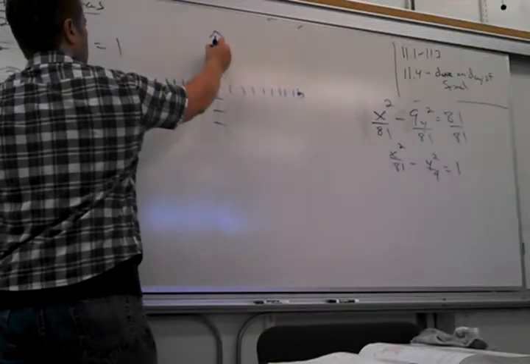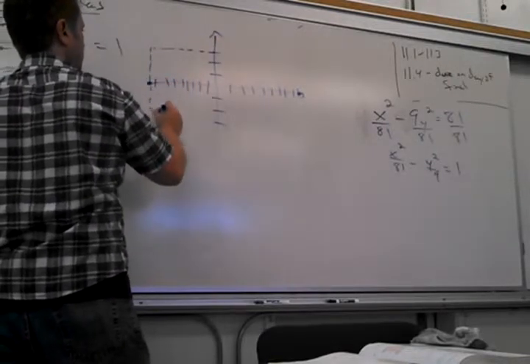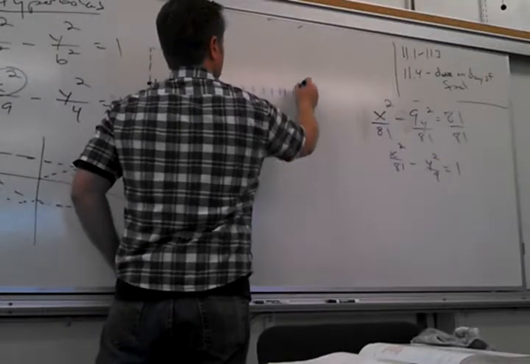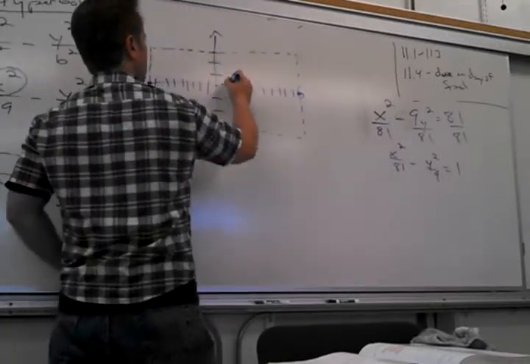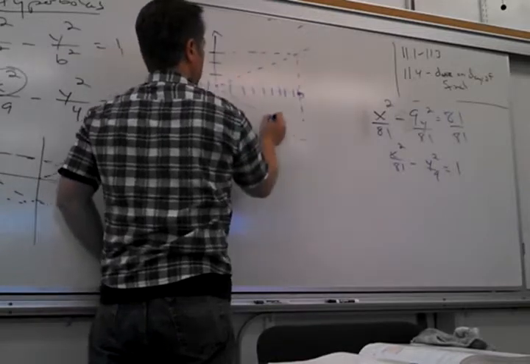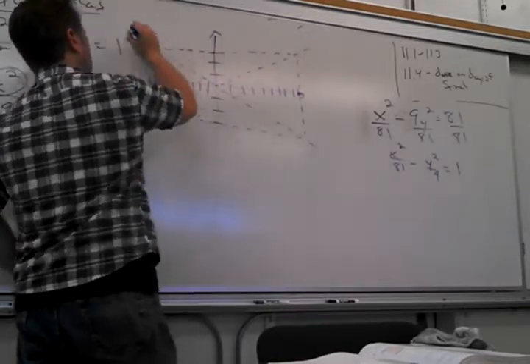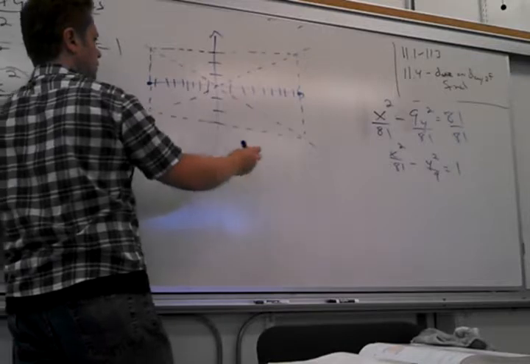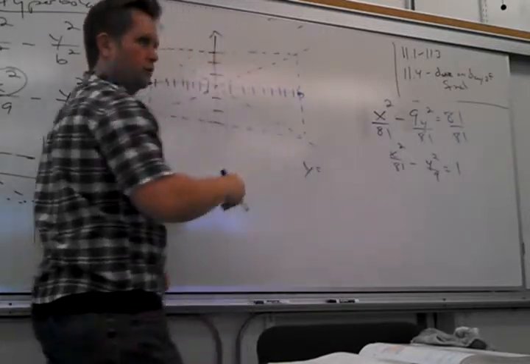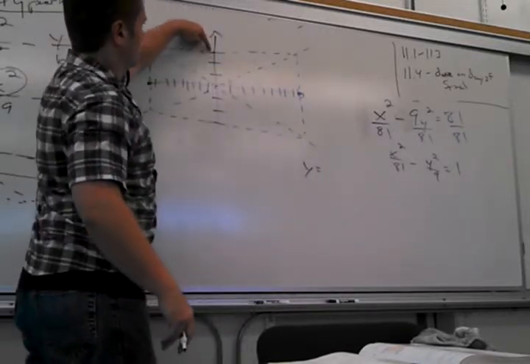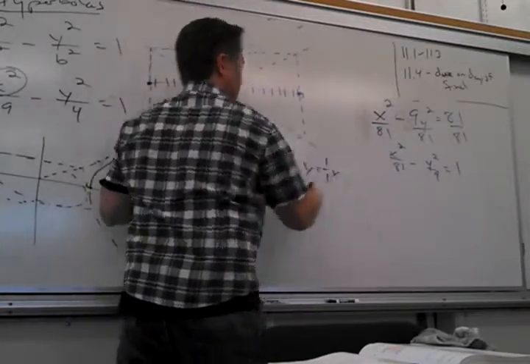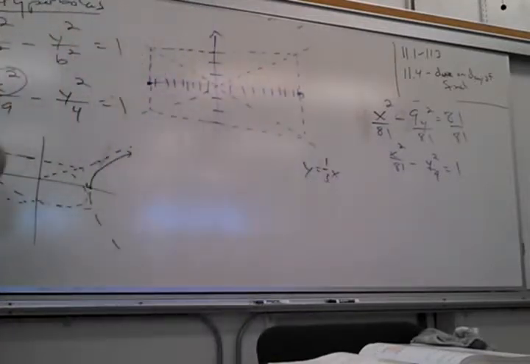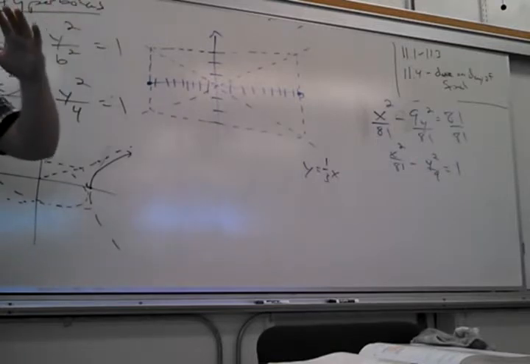And then I draw in my rectangle, and then I put in my asymptotes. Then you can give me the equation afterwards. You don't have to memorize the little B over A or A over B business. It's just going to be 3 over 9, so the 1/3 x. You just got to get the slope, and then you've got it.